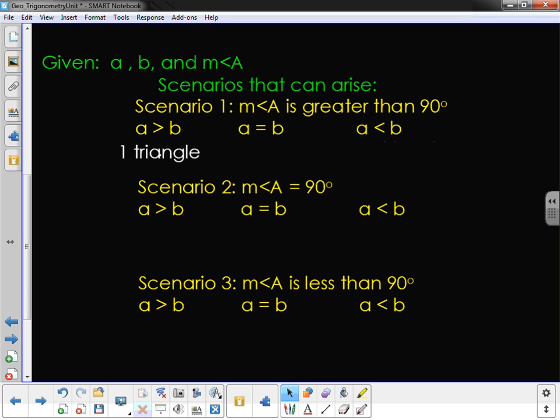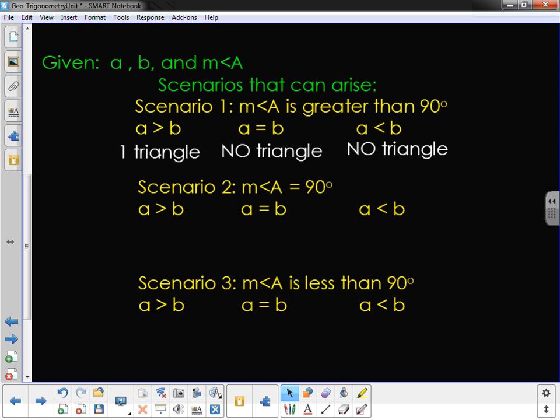If the A is equal to the B, we have a problem, because there would be no triangle. I can't have two sides equal in a triangle and have that angle opposite one of them be more than 90. That would say I had two obtuse angles. Likewise, I can't have side A be less than side B, because that would say that a smaller angle has a longer side. Okay, so that's case one.